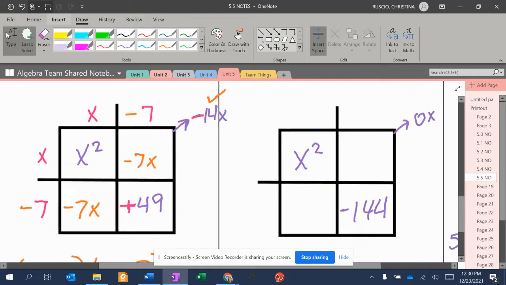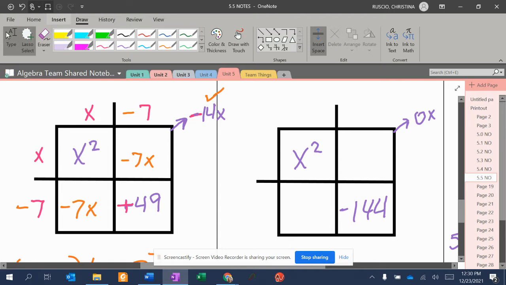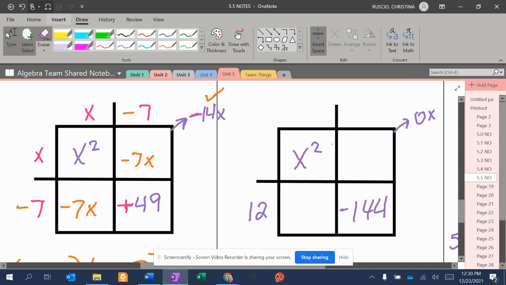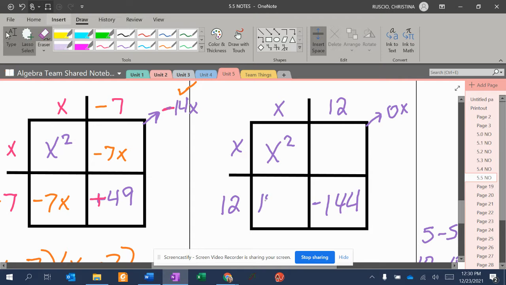So is there any number times itself that gives 144? Yes, it is. It's 12. So 12 times 12 will give us 144, and x times x gave us that x squared. That was the easy part. But how do we get those to add to 0? Because right now, 12x plus 12x is 24x, and that's not 0. 12 times 12 is a positive. If you think that one of them should be negative, you're correct.